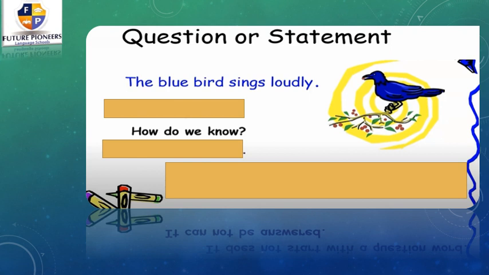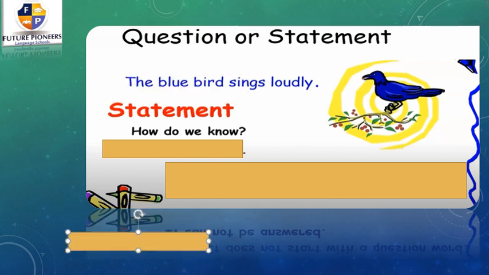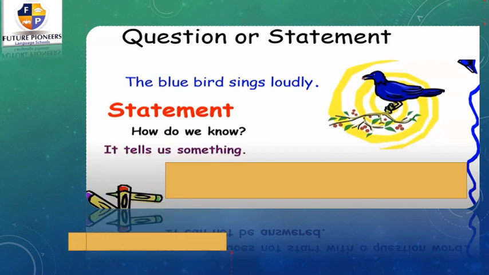The bluebird sings loudly. What do you think, guys? Is this a question or a statement? Yes, correct. Statement. Why? Because it gives us a complete thought. It tells us something. Right now we know that this bluebird sings loudly.